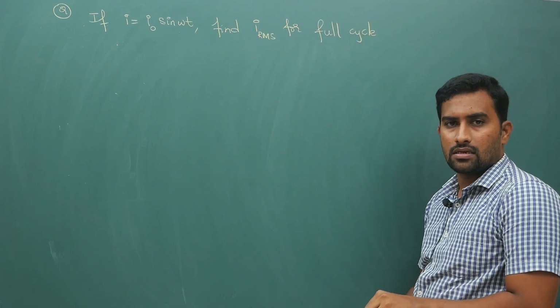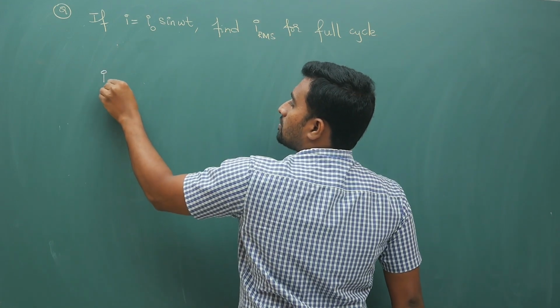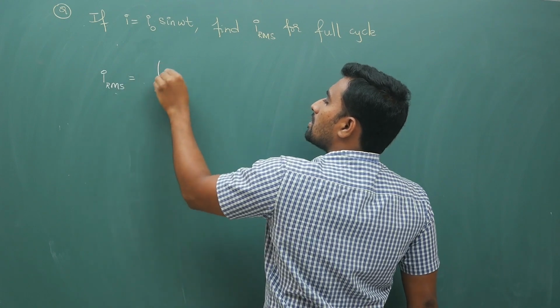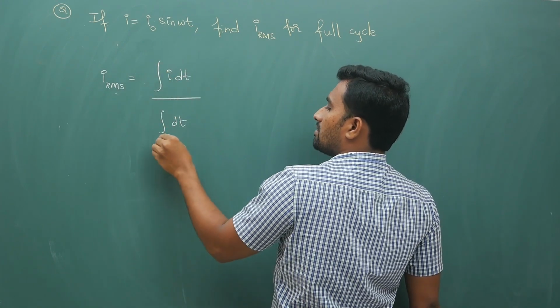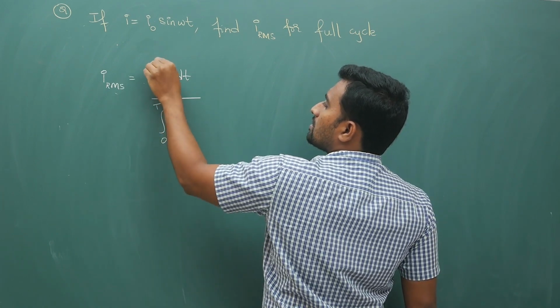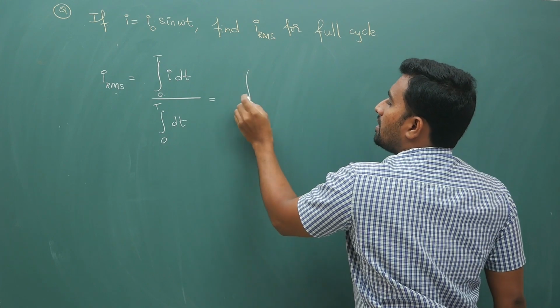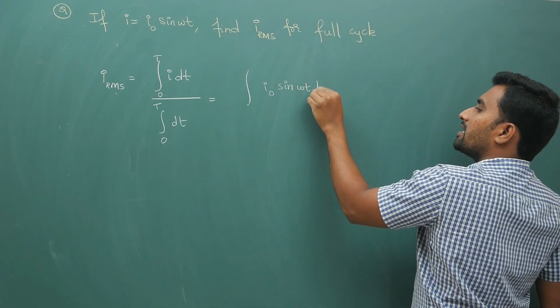Now your I RMS value is the integral of I dt divided by the integral of dt from 0 to T. Your I value is I naught times sin omega t.